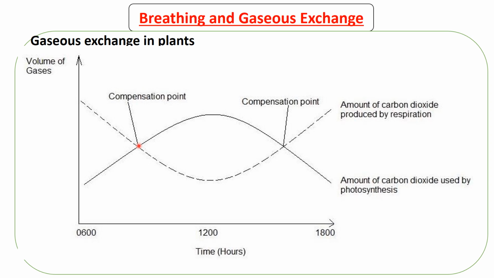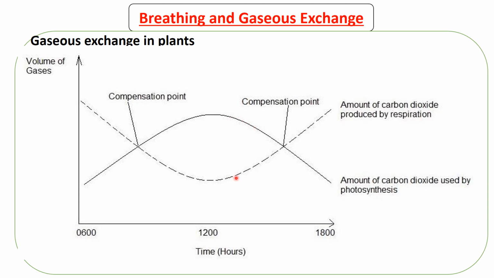As the day progresses, the amount of carbon dioxide used by photosynthesis is going to be high because of the sunlight. This will reduce the amount of carbon dioxide in the atmosphere produced by respiration. Then as the day goes to the evening, the amount of sunlight decreases, so the rate of photosynthesis, or the amount of carbon dioxide being used by photosynthesis, decreases.